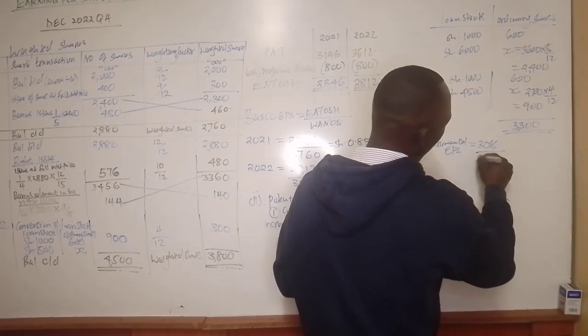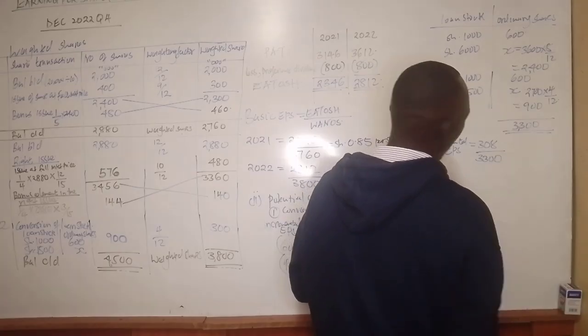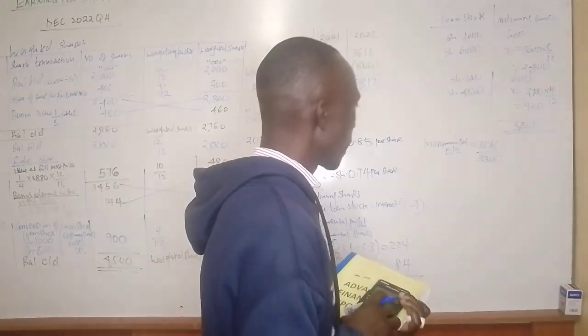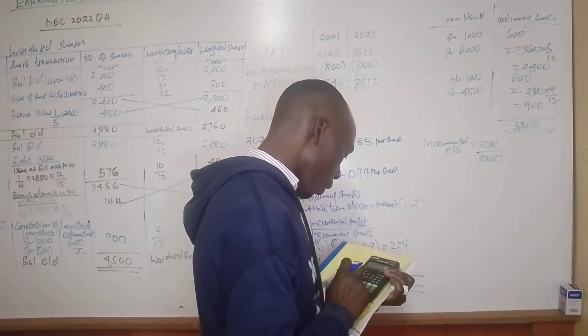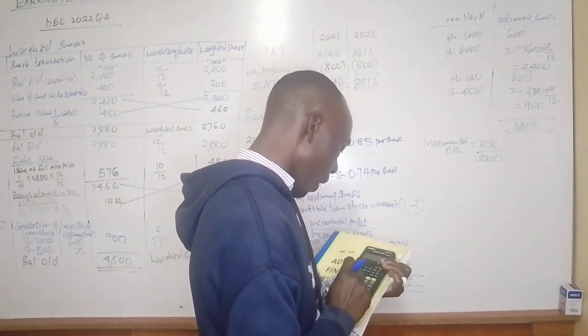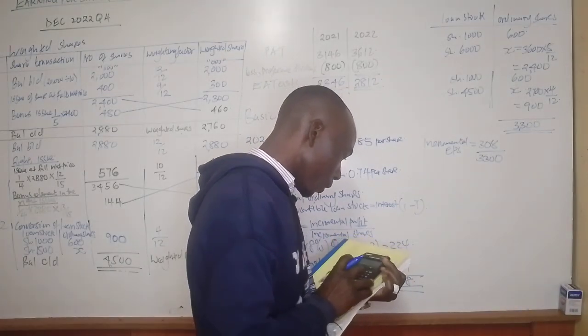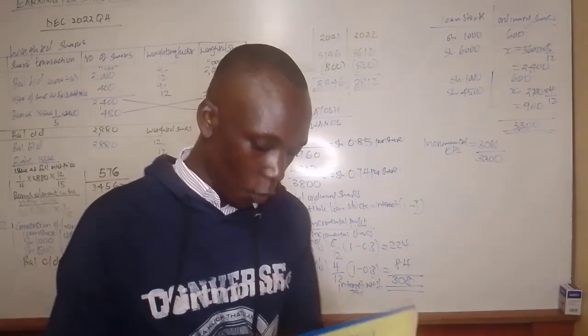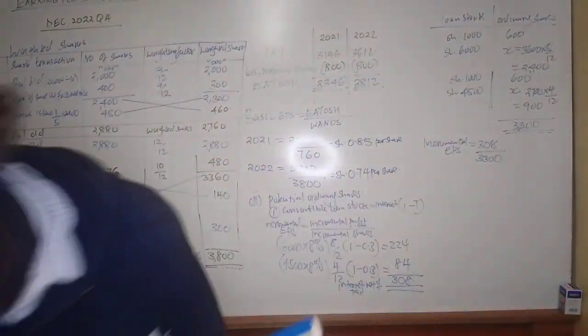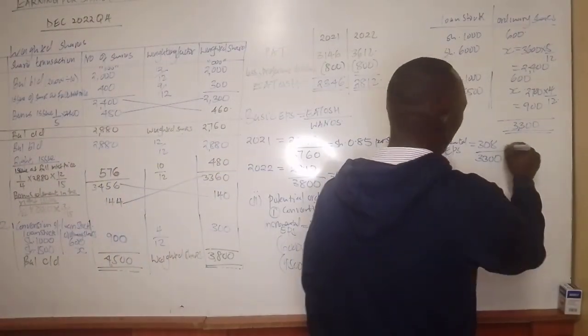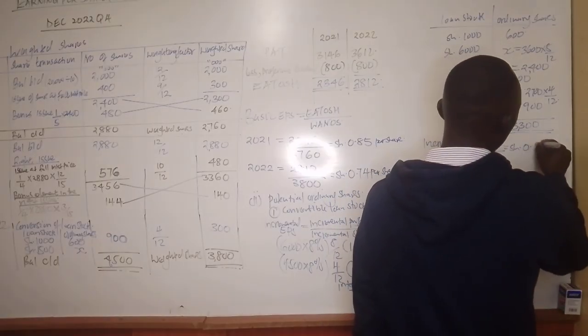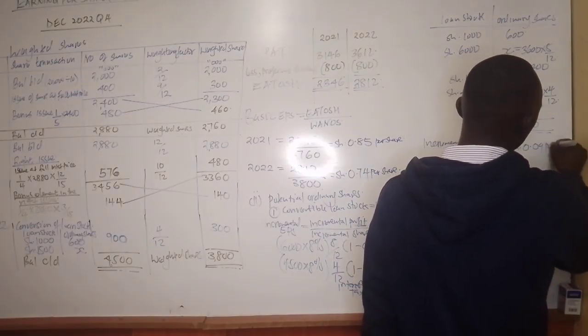Incremental shares are here, 3,300. So how much are we getting as our EPS? 308 divided by 3,300. So we are going to get 0.09. So we will get how many shillings here? Our shillings will be 0.09 per share.